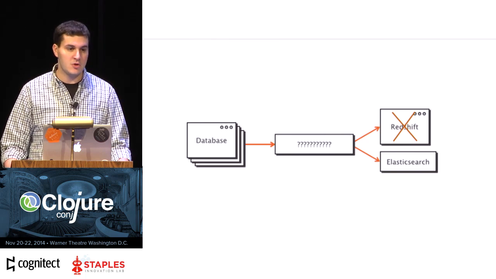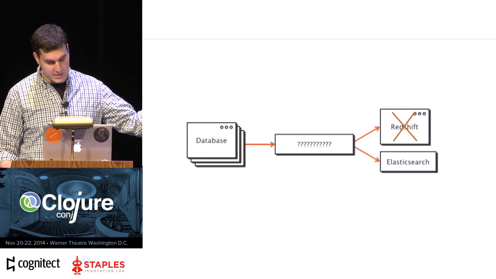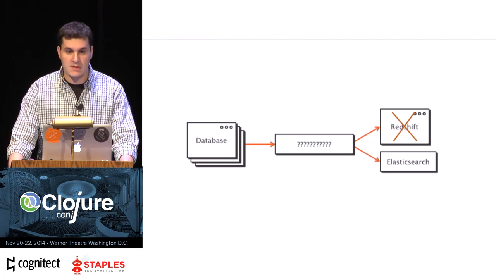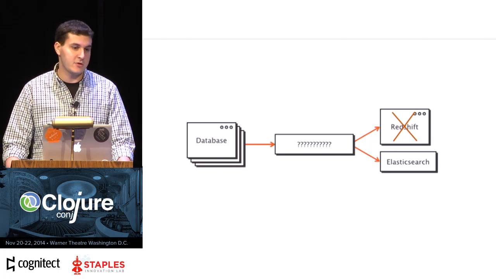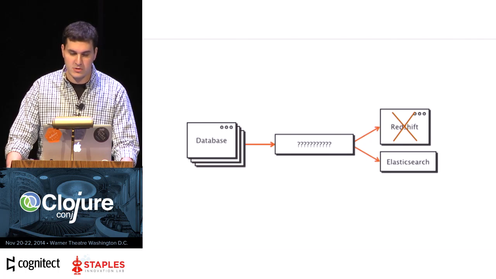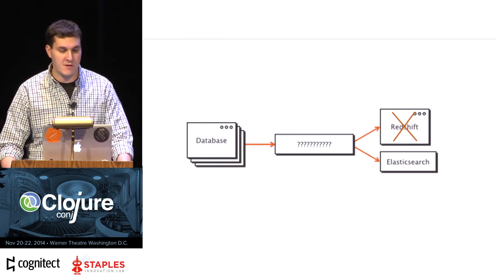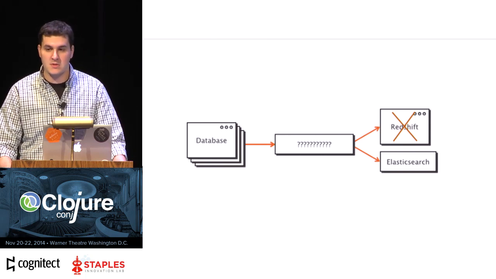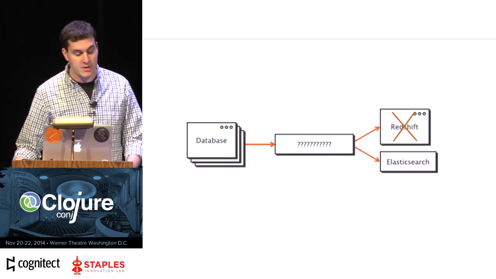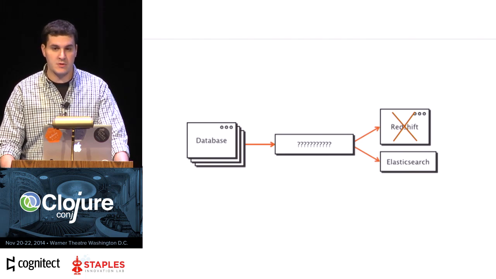If a change came through our pipeline, it had to sit there until Redshift or Elasticsearch was ready to accept it. Elasticsearch has very similar issues. We know from the previous talk it's not the most reliable system, so we didn't want to treat Elasticsearch as a primary source of truth database.